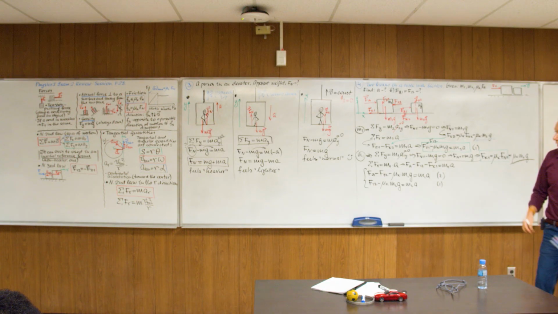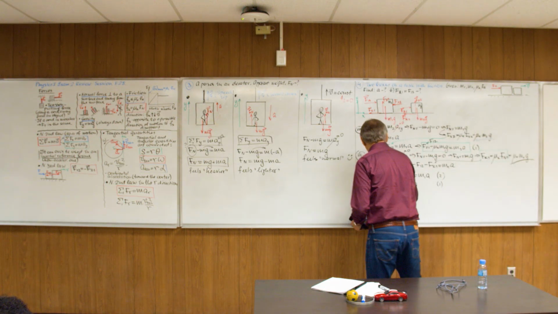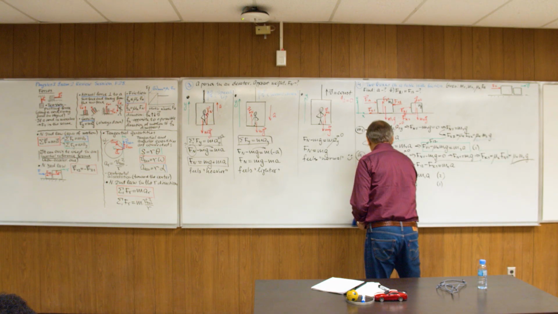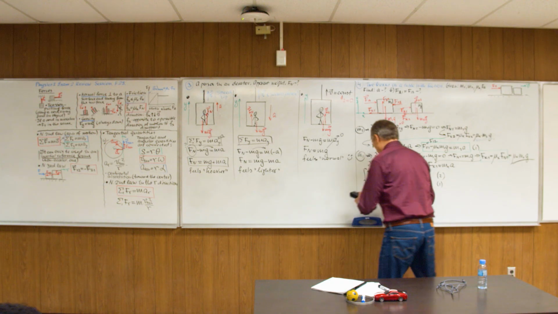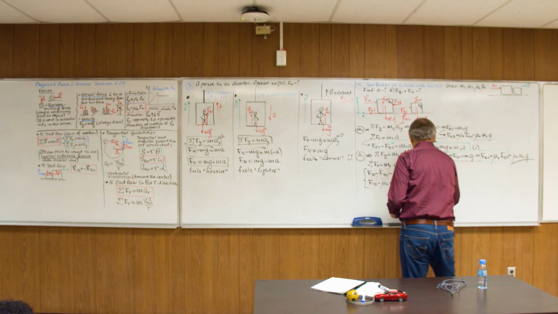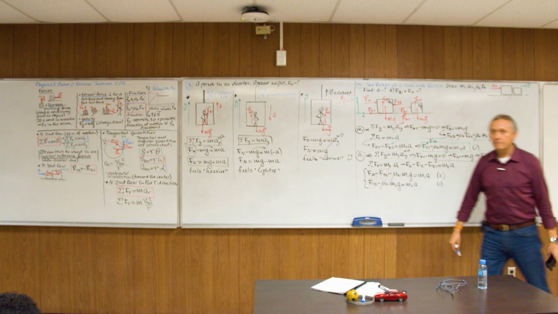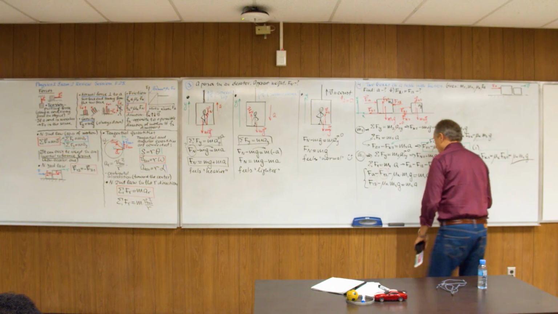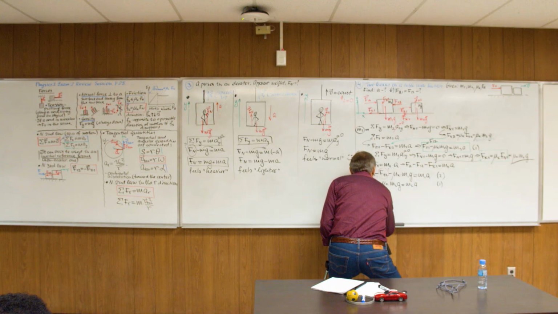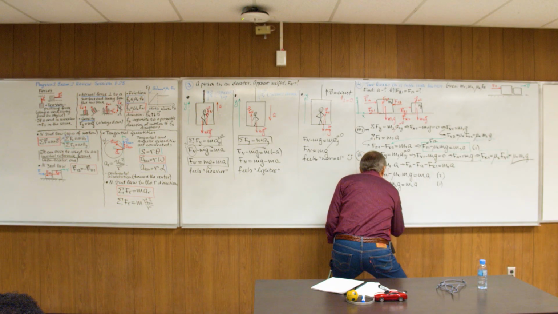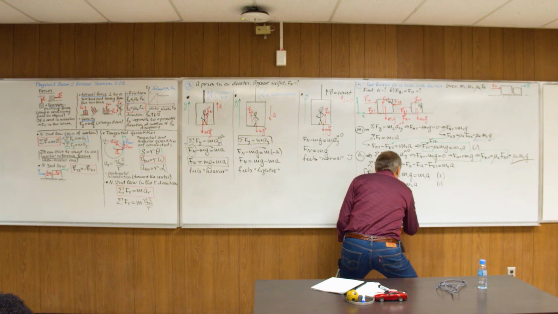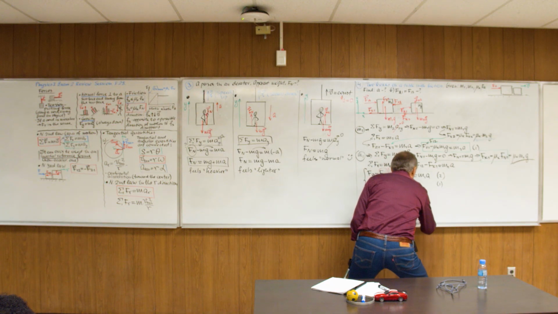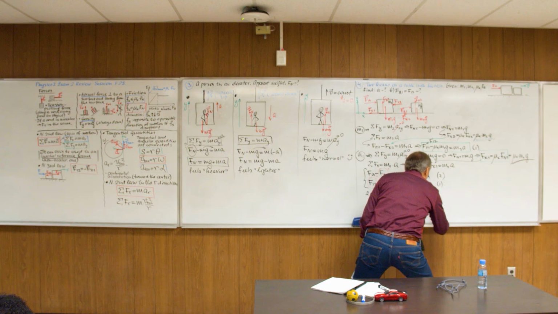Now the rest, and let me show that this is unknown, right? First unknown. And the second unknown, of course, acceleration. So 2 equations, 2 unknowns, physics is over, the rest is algebra.